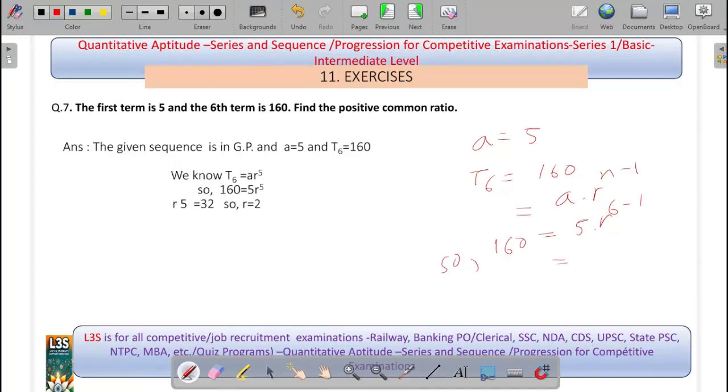So 32 is equal to R to the power 5. And we know 2 to the power 5 is equal to 32. So R is equal to 2.